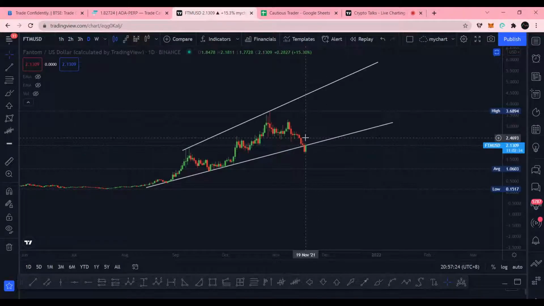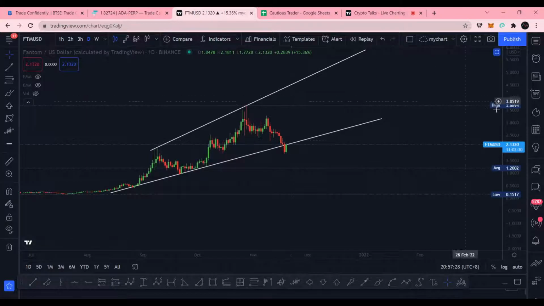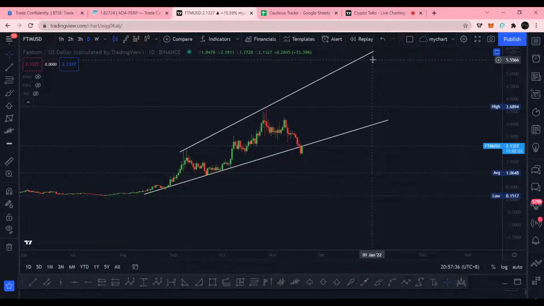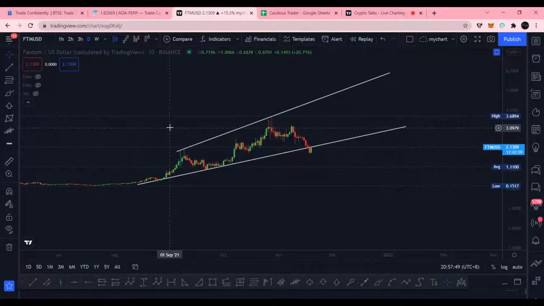So that's my possible entry price, as long as it holds above 2.15 more or less, or 2.18 and above. For now I'm just watching it. So I think that's it for our trend line support and resistance for now.